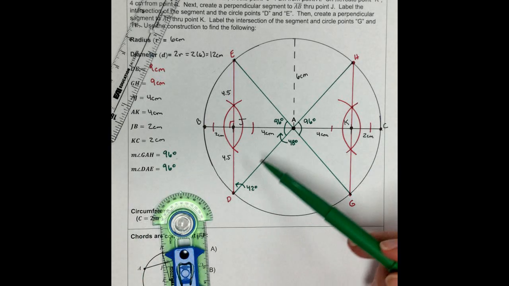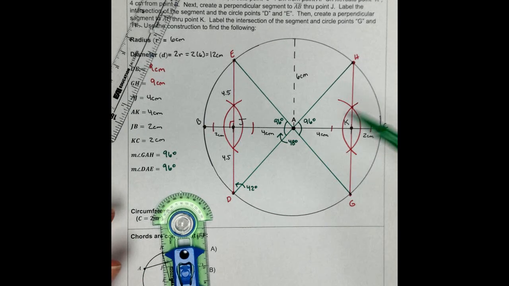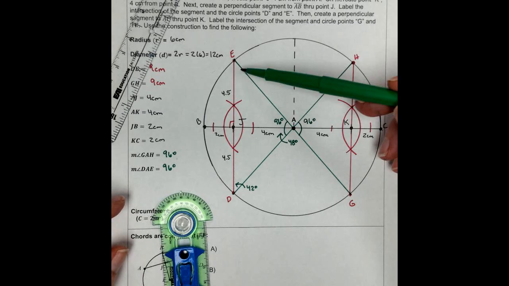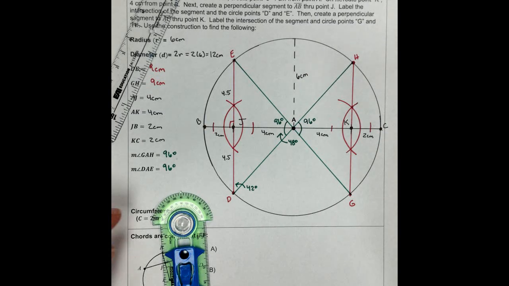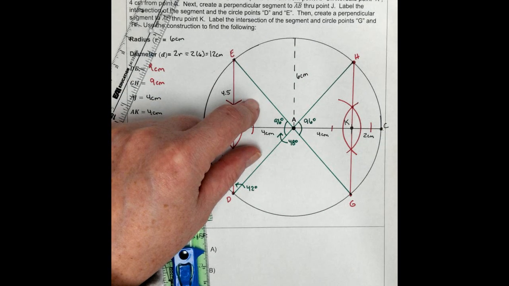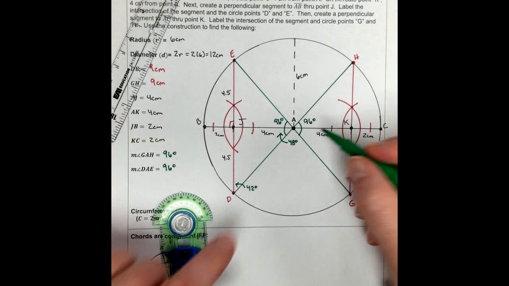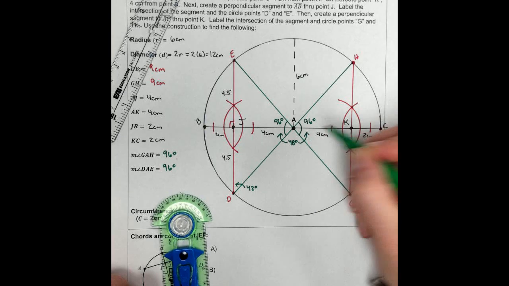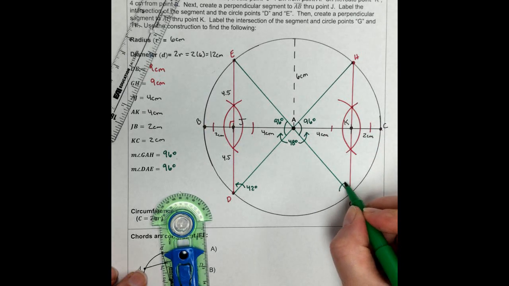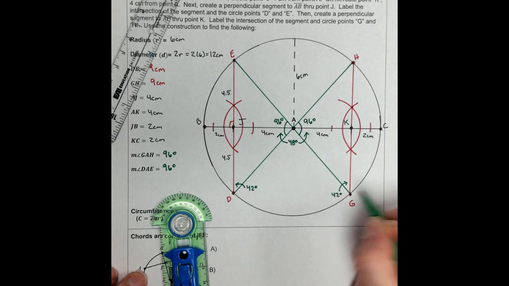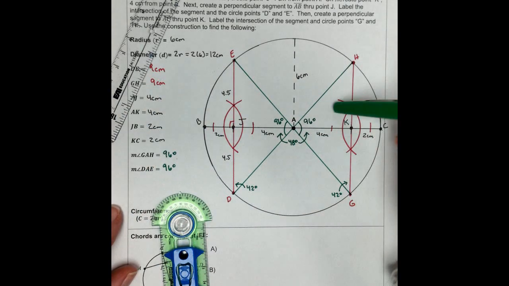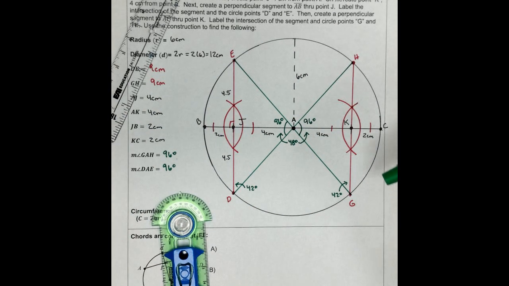So now I have angle, angle, side, and angle, angle, side. So that means that these two triangles are congruent, and I have the same measurements over here. So this is also 48 degrees, and this right here is also 42 degrees. So these are congruent. So all 4 of these triangles are congruent.